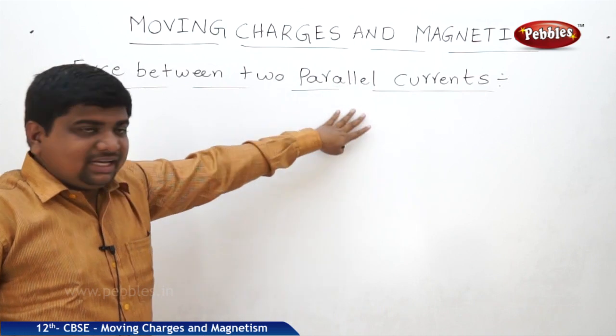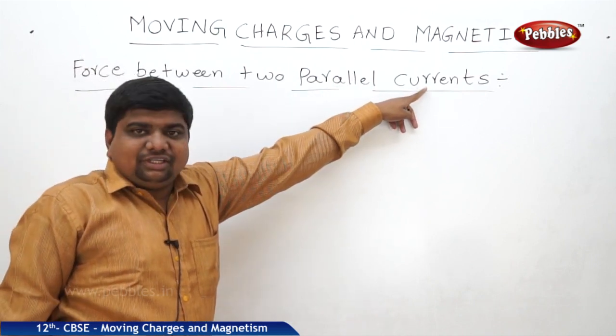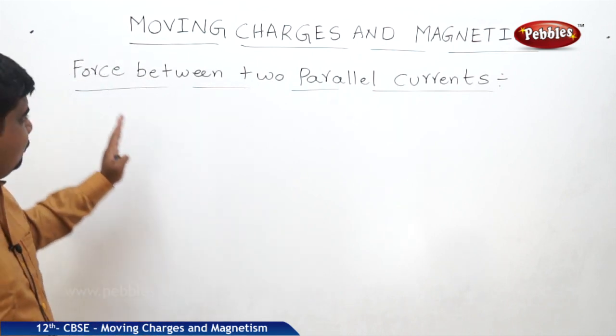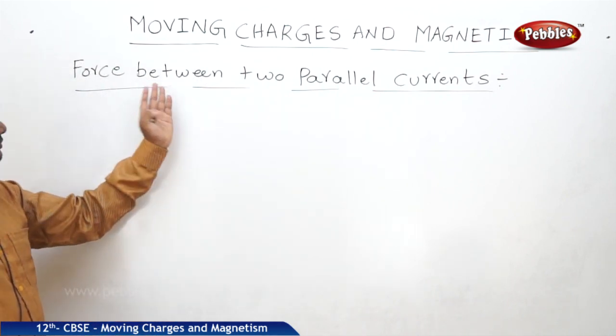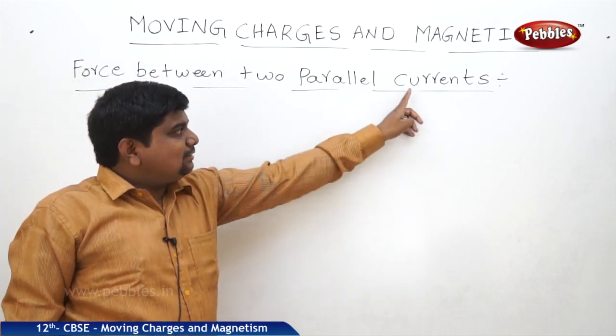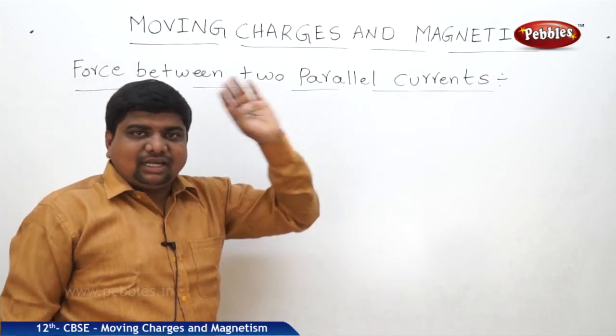So from this magnetic field, we can derive the unit of current as ampere. Before going to see that, we should know what is the equation for the force between two parallel conductors which are carrying some finite amount of current.